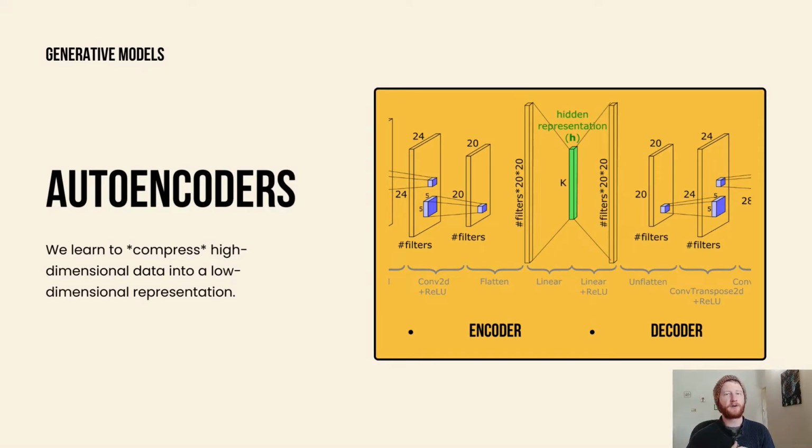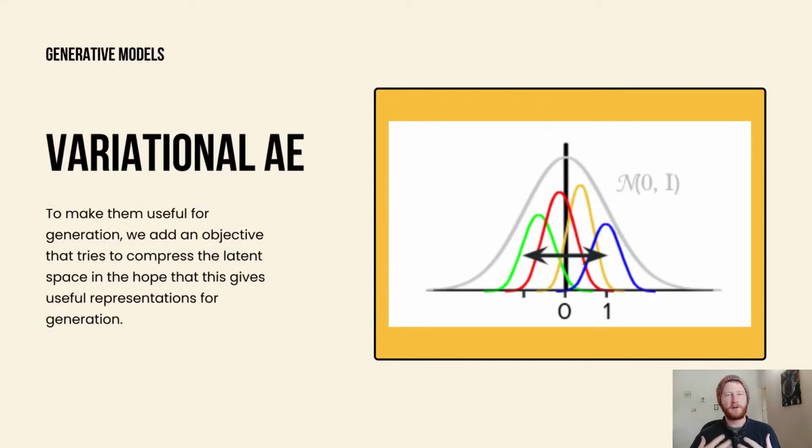And so we introduce something called a variational autoencoder, which is a modification to that autoencoder structure, where instead of predicting a single point in latent space for that hidden representation, the encoder predicts a distribution. And then to decode, we sample from that distribution. This alone wouldn't give us much extra, but we then impose this additional constraint. We use a second term in the loss function, apart from our reconstruction loss. We add this additional constraint that tries to compress this latent space, which forces the encoder-decoder network, this autoencoder, to learn much more meaningful representations.